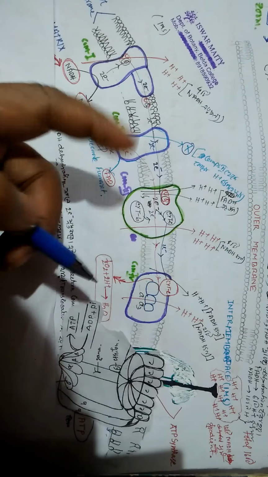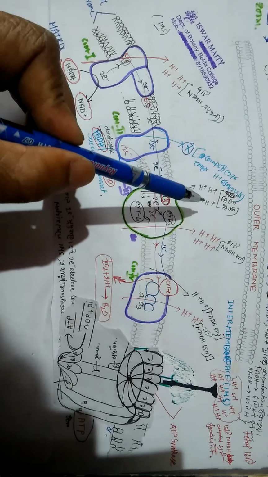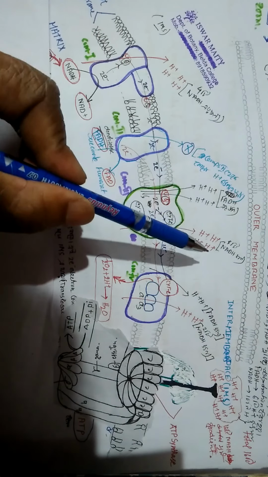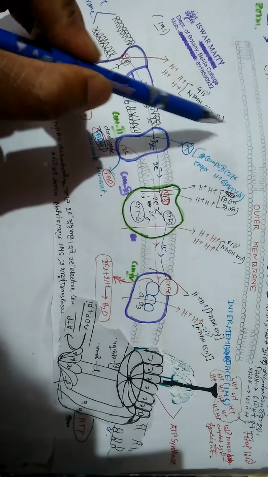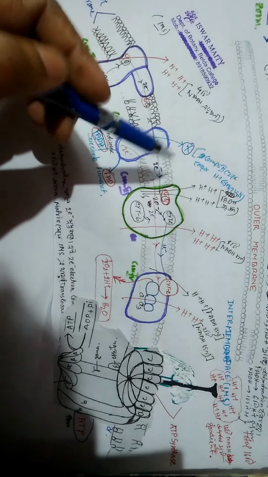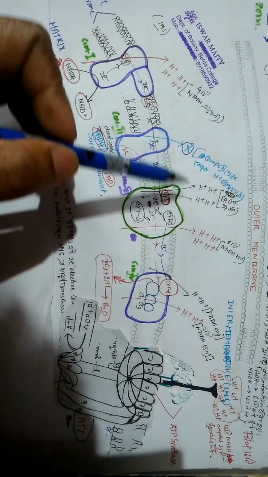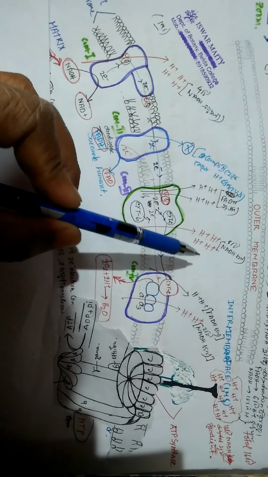Okay, in this process the hydrogen ion concentration on the IMS side, the intermembrane space side, increases, so the pH level of the IMS decreases. So positive ions increase on this side, and the H plus gradient also increases.